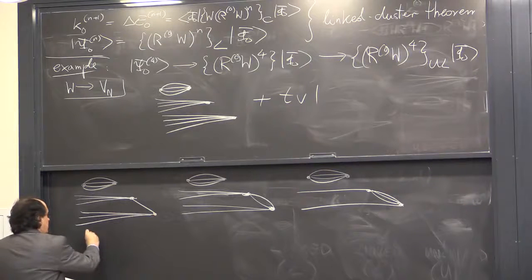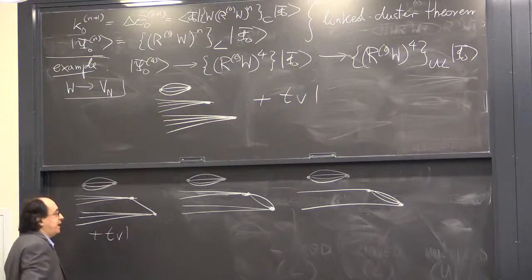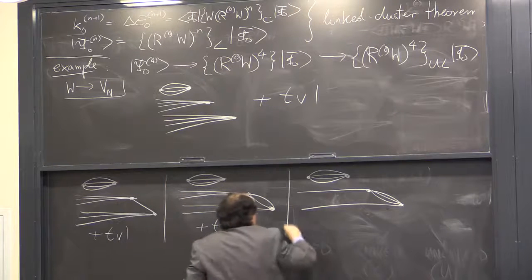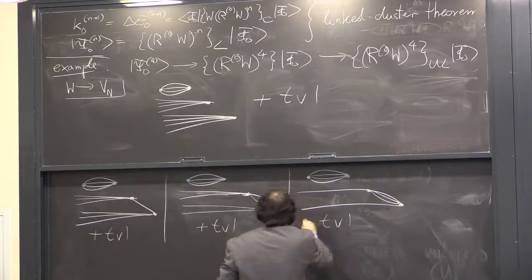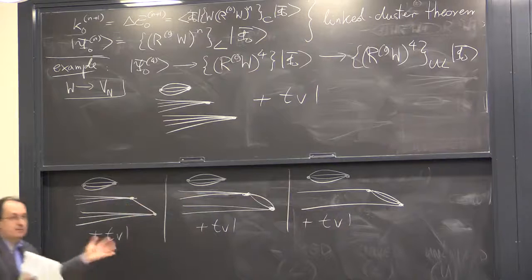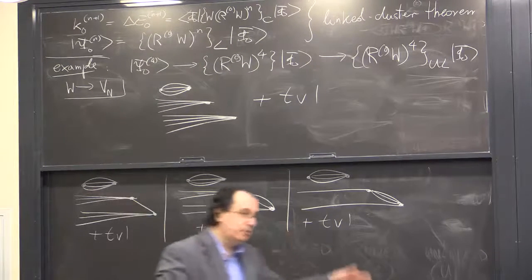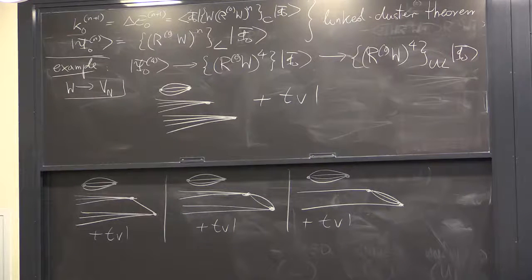So you'll have time versions of the first kind here, and here, and here, to just make sure that you obtain all diagrams. And of course, if those are skeletons, if you want to go to real diagrams, you still have to put arrows in. But this is not important right now.